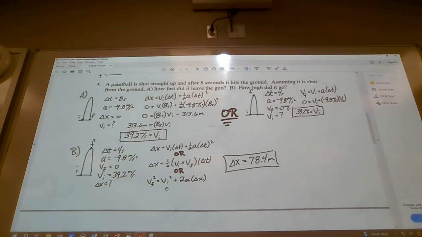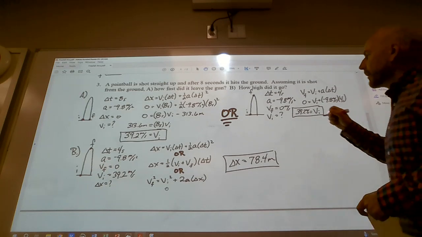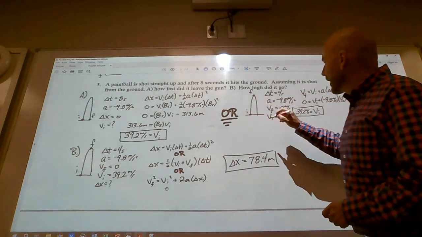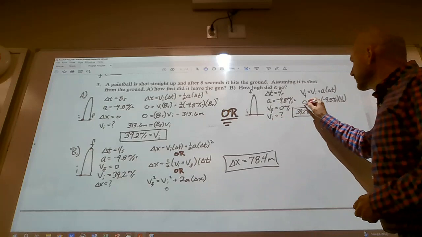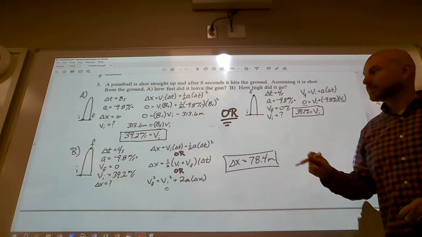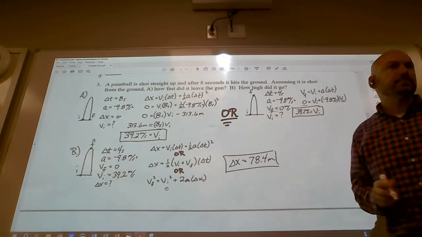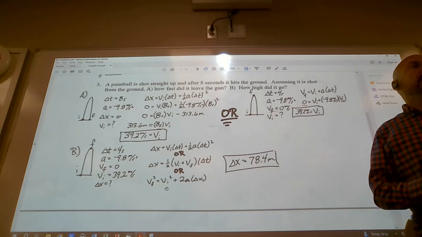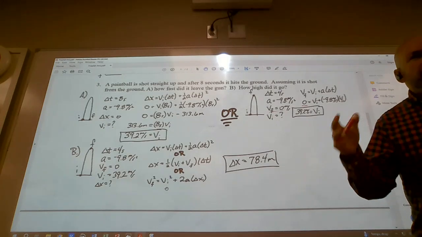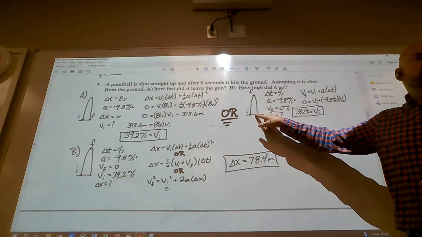Ready for this? This is a very popular error that will haunt you in this chapter and next if you don't get this. If you say velocity is equal to 0, that never happens down there.